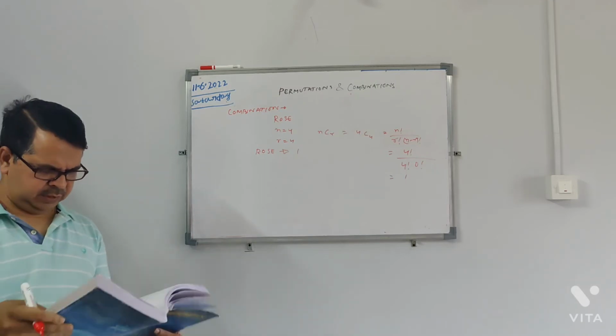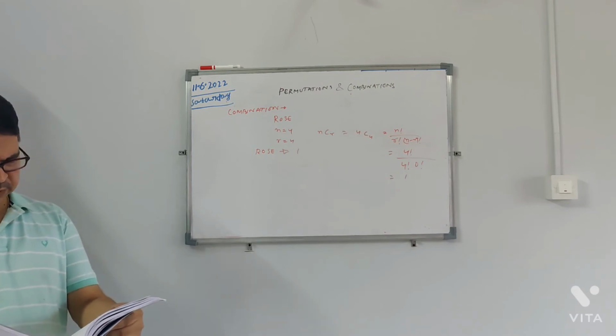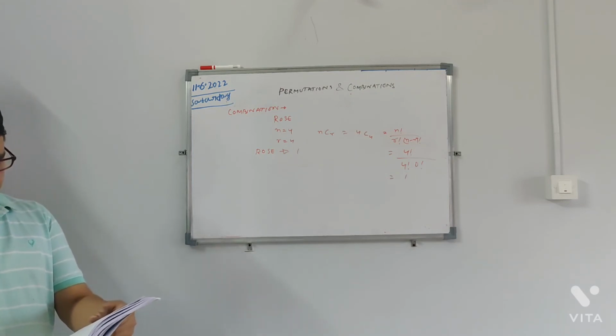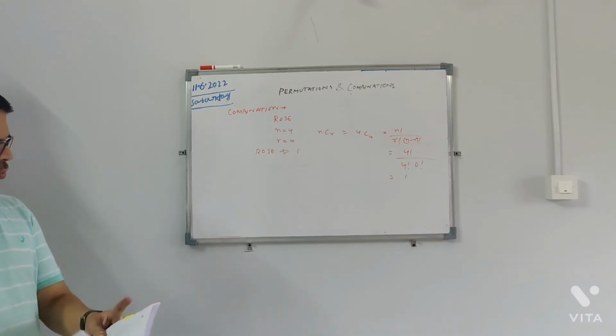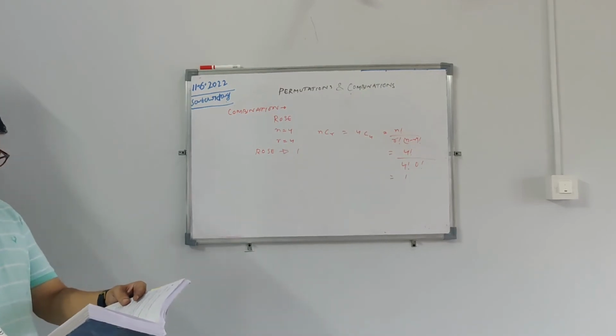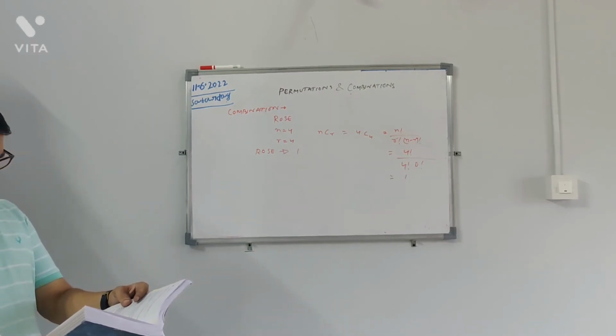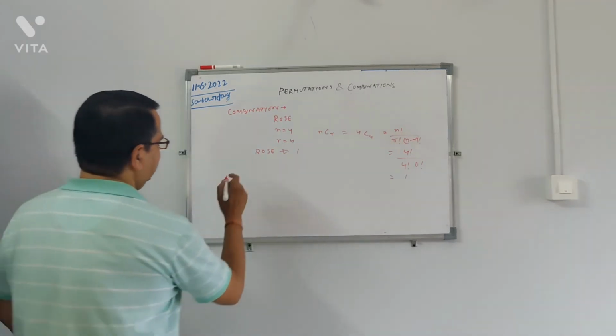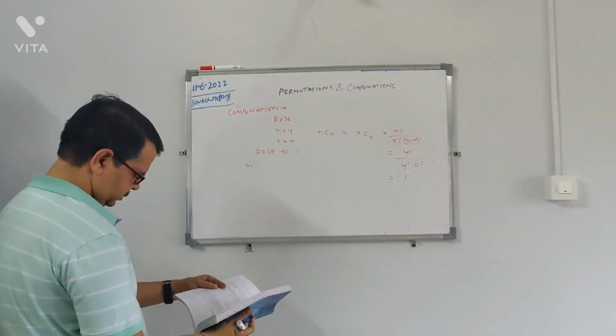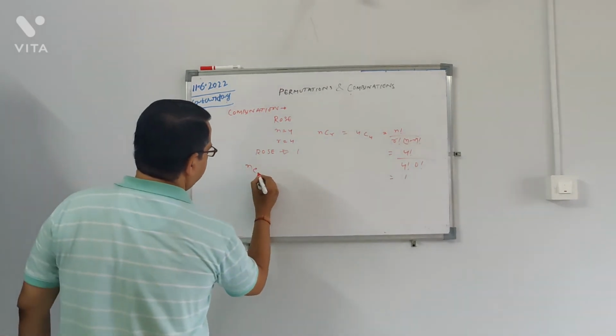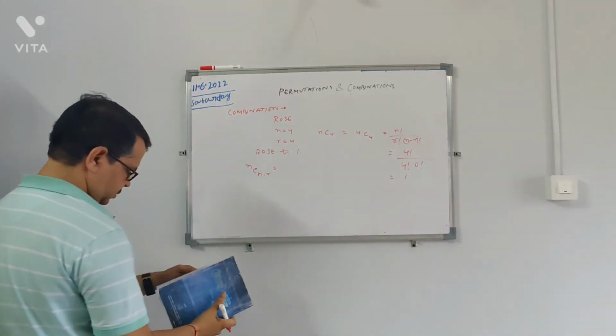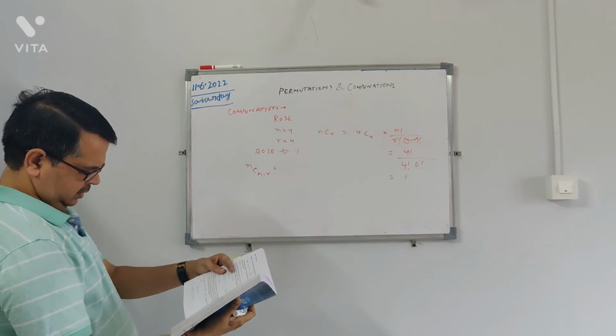There are some inferences of combination. nCr is equal to nC(n minus r).